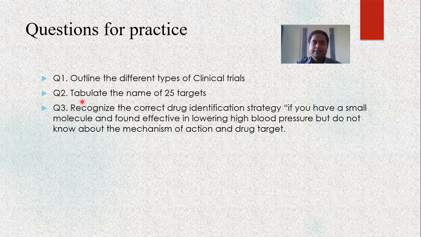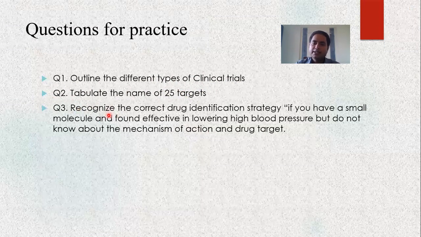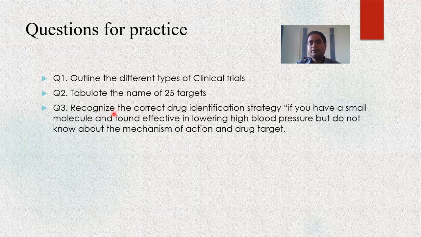The third question is a very conceptual question, and you can solve it if you have learned from my lecture. Recognize the correct drug identification strategy if you have a small molecule that is found effective in lowering high blood pressure, but you do not know about the mechanism of action of the drug as well as the drug target.